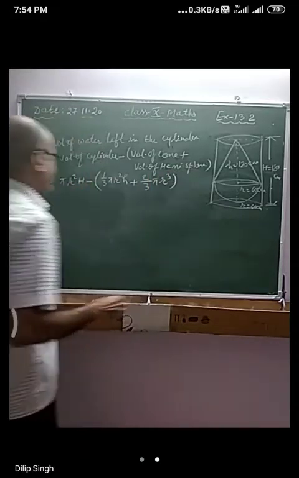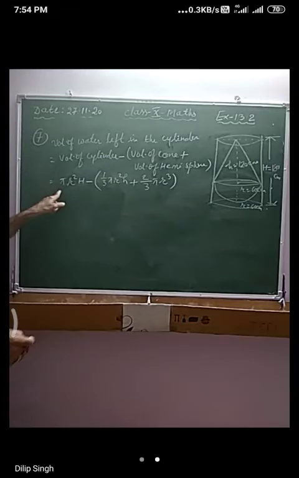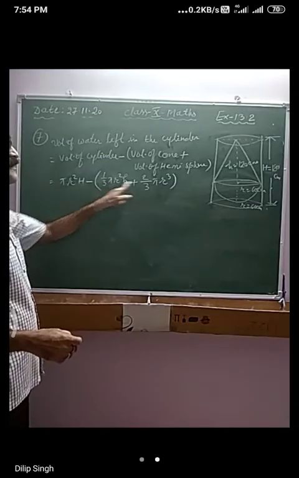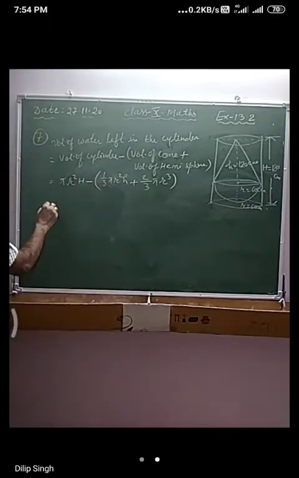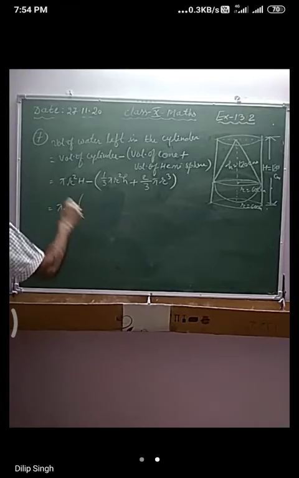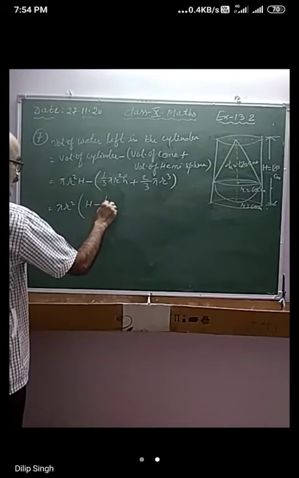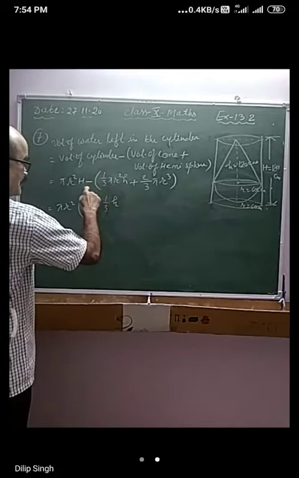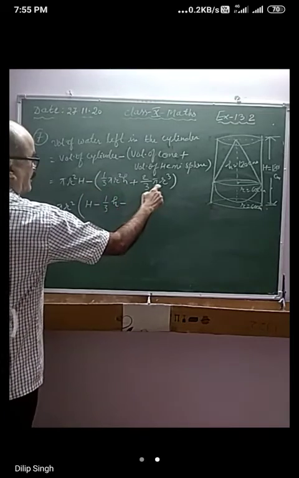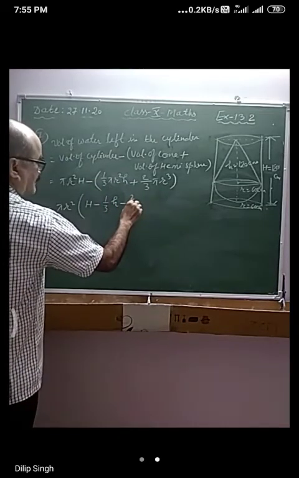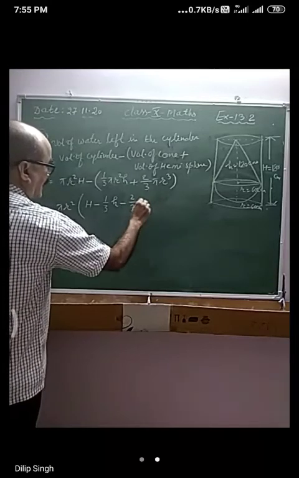So what can we take out common? Pi r square we can take out common. When you take pi r square common, H will remain here, and after taking out pi r square, 1 by 3 small h will remain, and minus, after taking pi r square out, 2 by 3 r will remain.